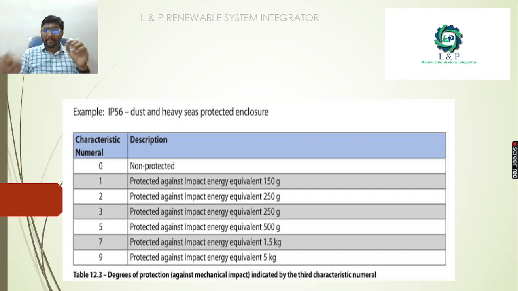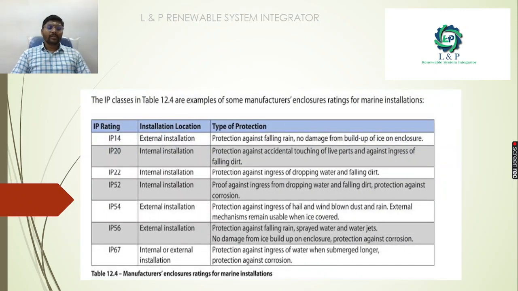But the most important thing that you need to keep in your mind is that you need to have very great protection against dust and heavy seas, that is the water. So most importantly, for our marine installation, we are using only these enclosures. Especially if you're going for internal installation, you can go with IP20, 21, 52.